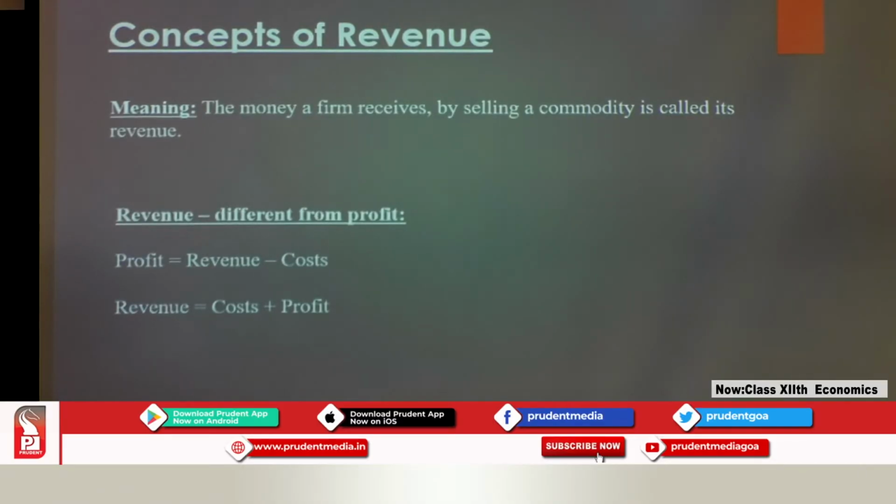We take the revenue, and we remove the cost from it. How much was the cost of the farmer? We remove that, and the money which is remaining becomes the profit. So profit is revenue minus cost. In the same way, cost plus profit, when both are added together, gives us the revenue.